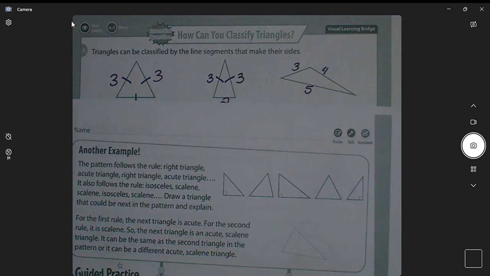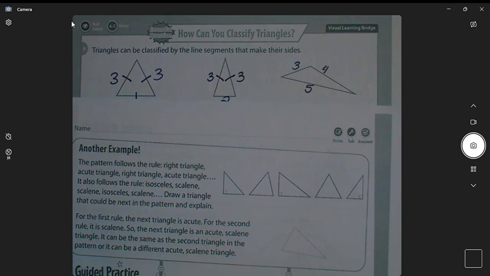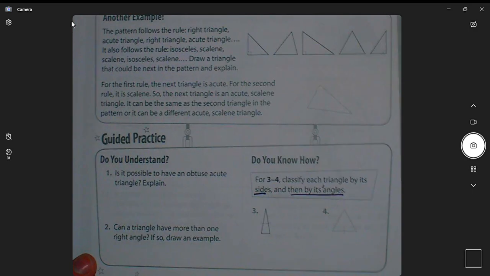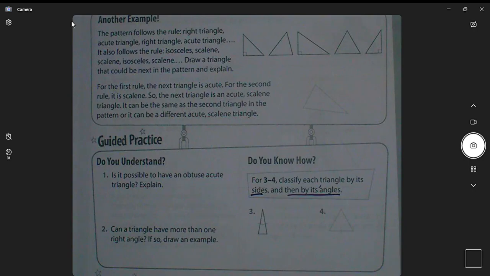So, number 3. Oh, it's giving me a clue. It has those same dashes. So using what I know about triangles, would it be equilateral or isosceles? Yeah, it's isosceles because it has two of the same sides.